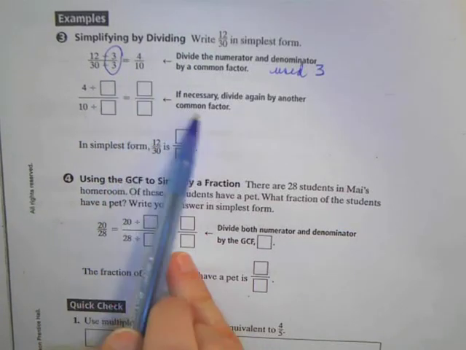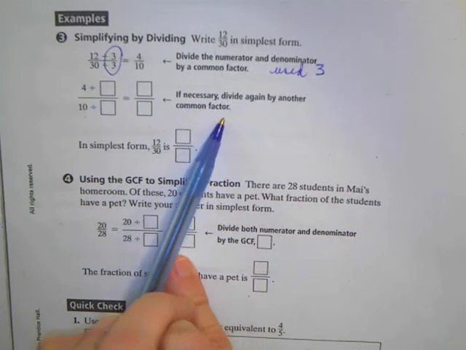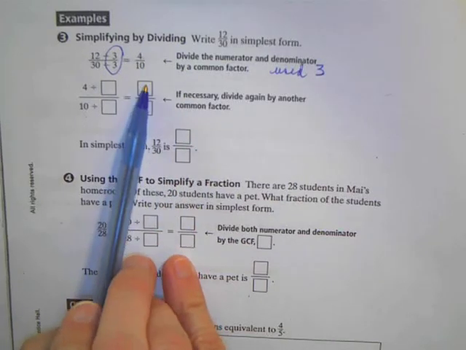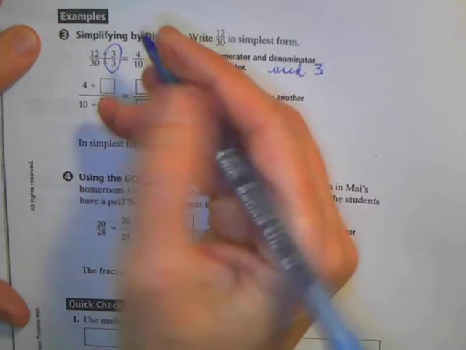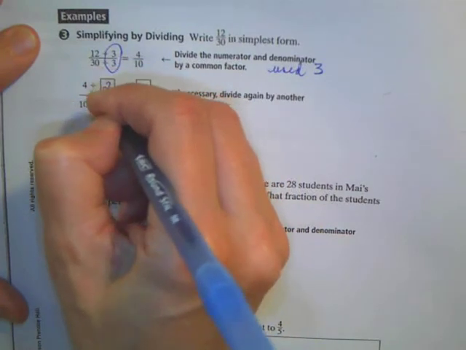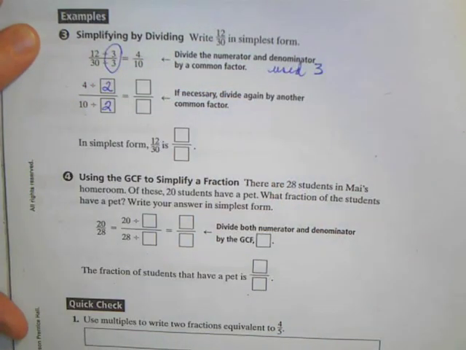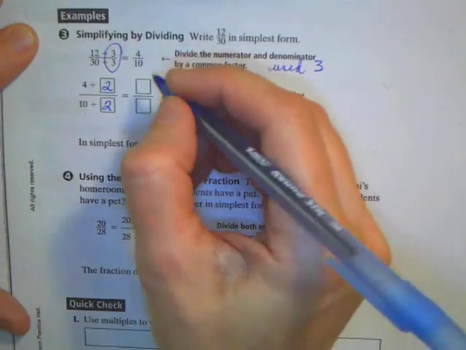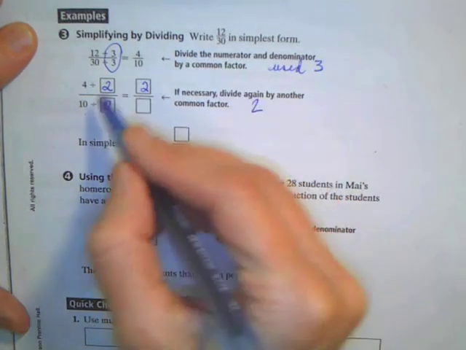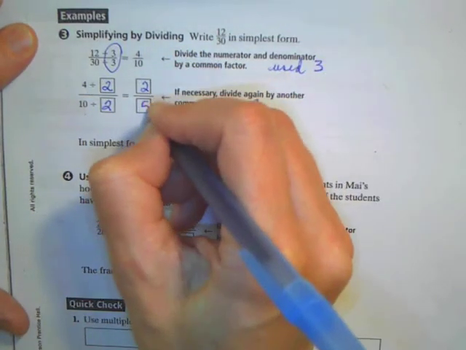Now, if necessary, divide again by another common factor. 4 and 10 are both even numbers, which means at the very least they have a common factor of 2. So let's divide by 2. 4 divided by 2 is 2. 10 divided by 2 is 5.